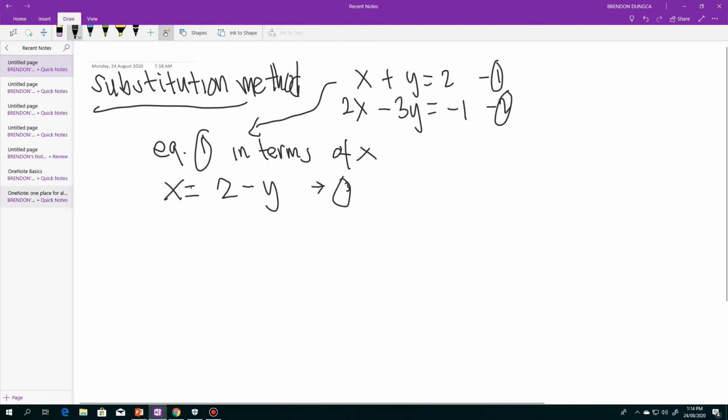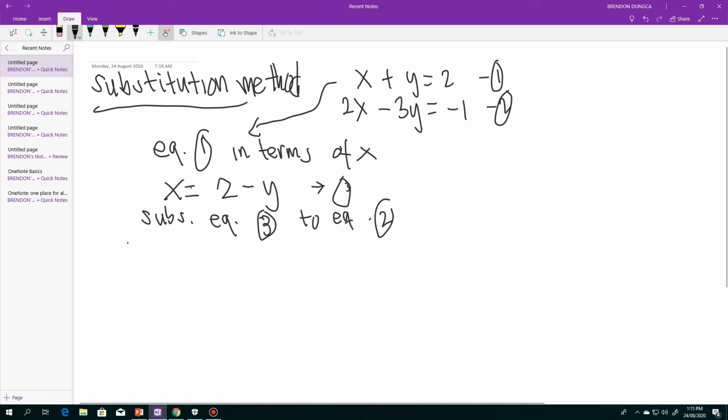Next procedure, we substitute equation 3 to equation 2. We substitute the new equation to equation 2.